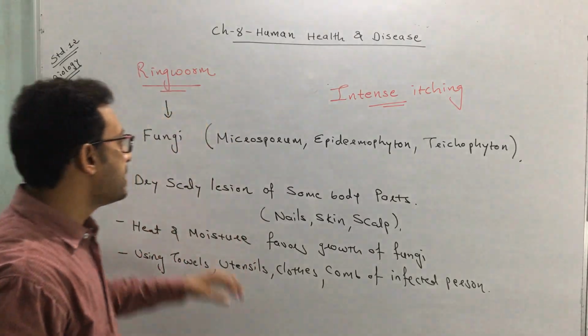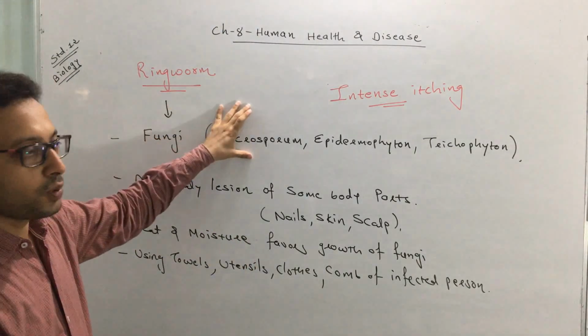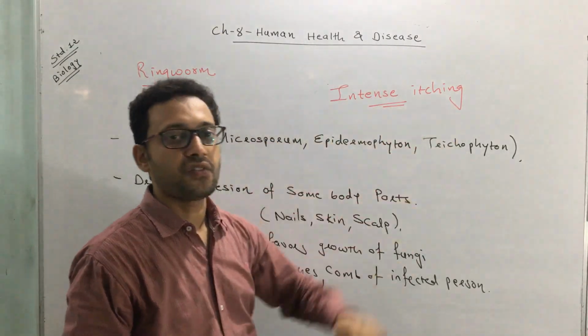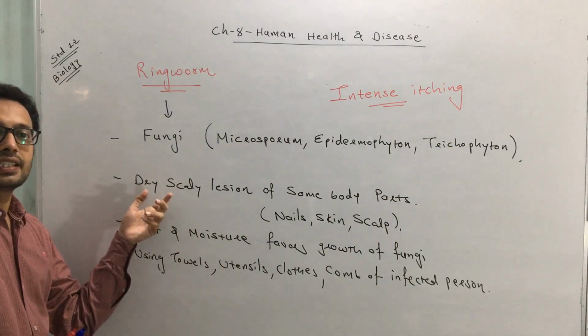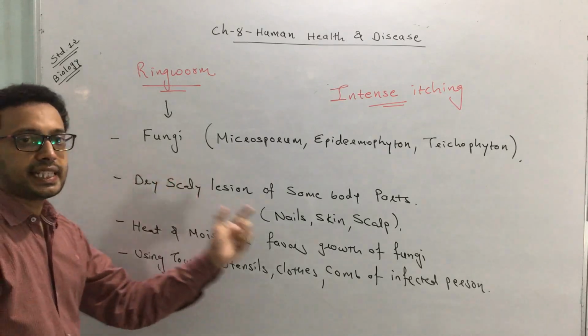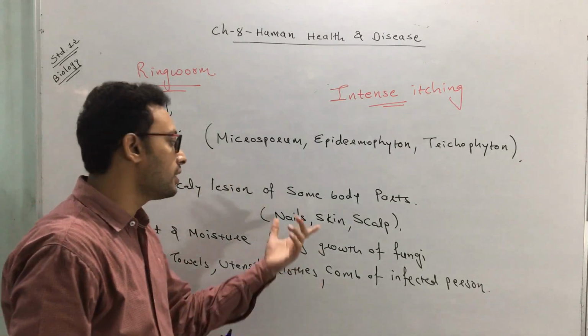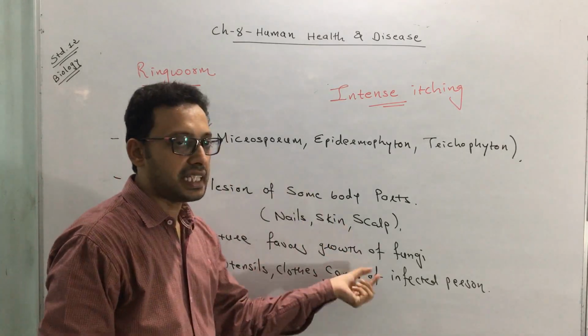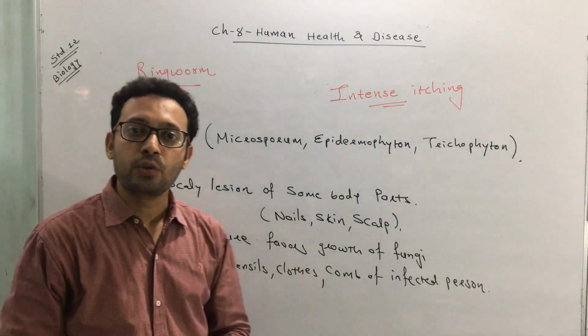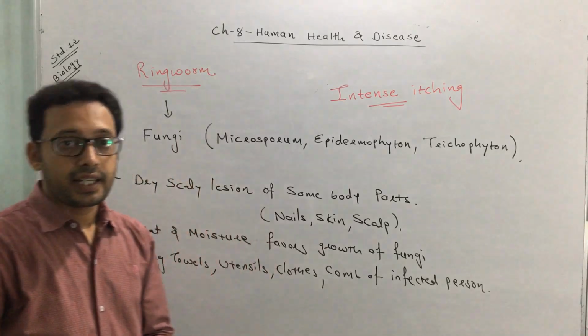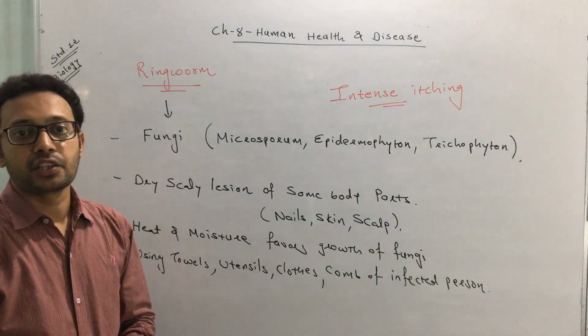Clear? So it is caused by fungi: Microsporum, Epidermophyton and Trichophyton. They are responsible for it. What are the signs? It causes the appearance of dry scaly lesions on some body parts, specifically the nail, skin and scalp. Heat and moisture favor and promote the growth of these fungi, like in the region of the armpit and the groin.